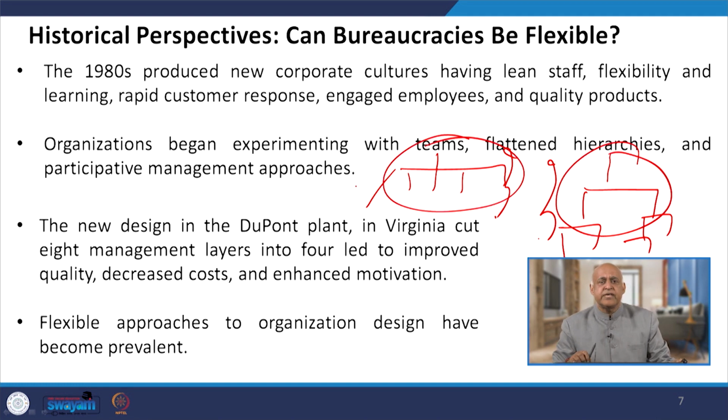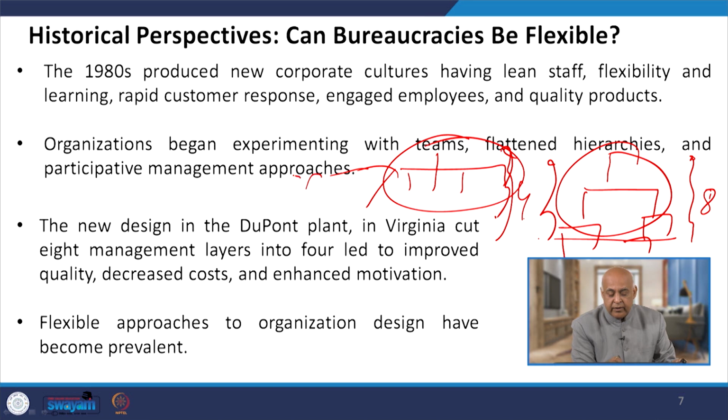So, in this new design at DuPont Virginia, they cut the layers: there were 8 layers and they cut them into 4 layers. Naturally, these employees were transferred and the reporting system was changed.